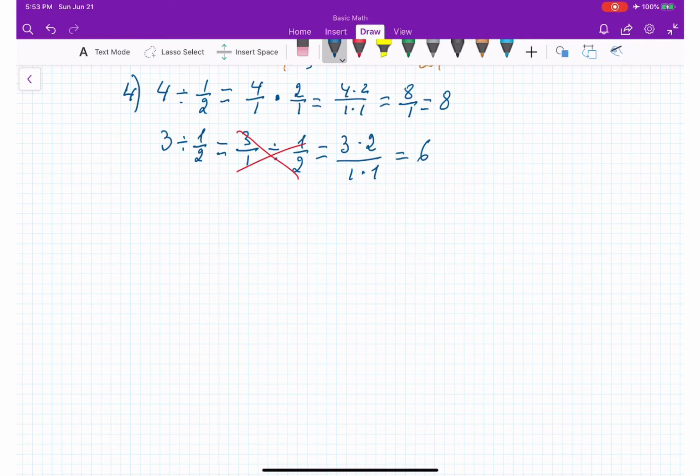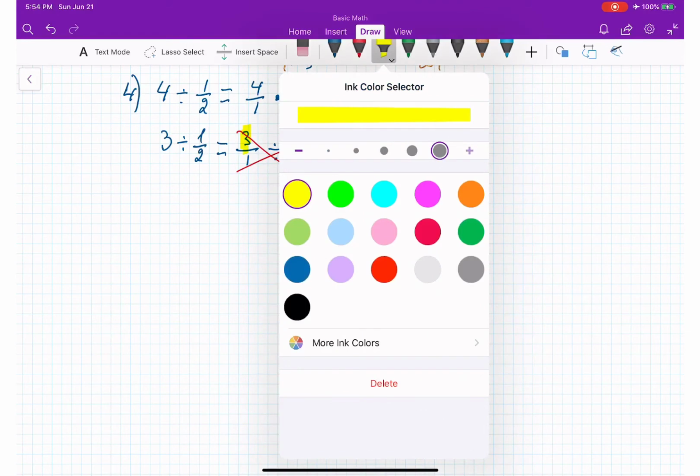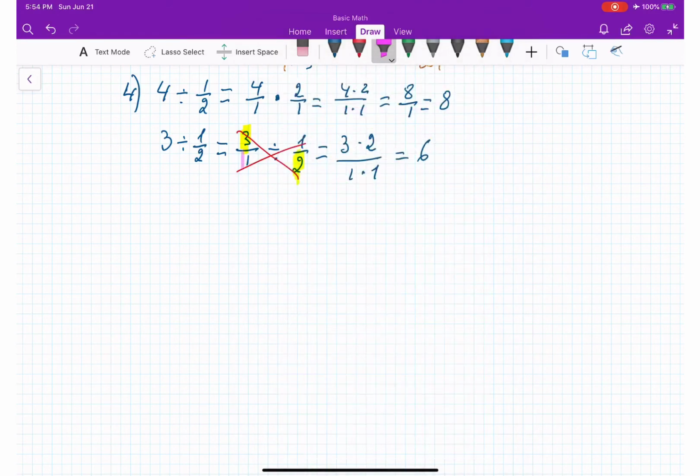So this is what we are doing practically. 3 multiplying by 2, and then 1 multiplied by this one. Okay, all right, and let's do one more. 8 divided by 4 over 5.